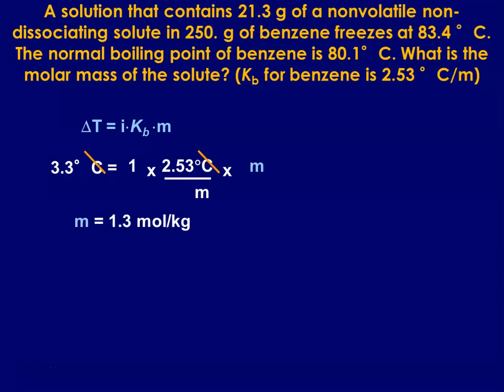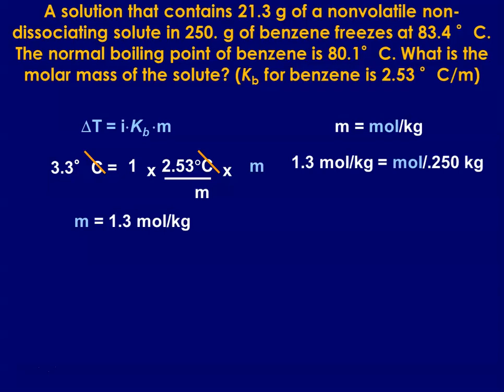So we know now that there's 1.3 moles of this solute per 1 kilogram of benzene. Well, we did not dissolve our 21.3 grams in 1 kilogram of benzene. We dissolved it in 250 grams. So if we use our molality to solve for the moles of our solute, 1.3 moles per kilogram, again, is our molality.